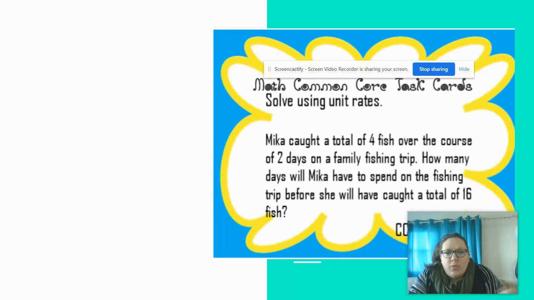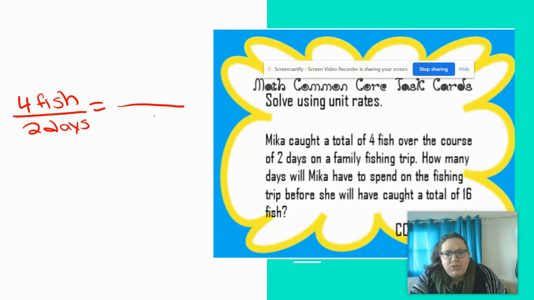Mike caught a total of 4 fish on the 2 days on a family fishing trip. So 4 fish in 2 days. How many days will Micah have to spend fishing before he catches 16 fish? Then this is number of days.